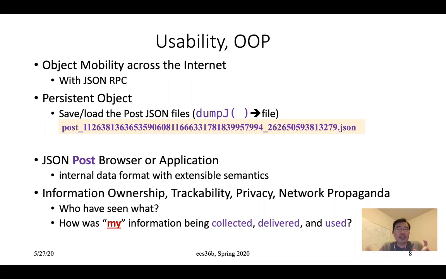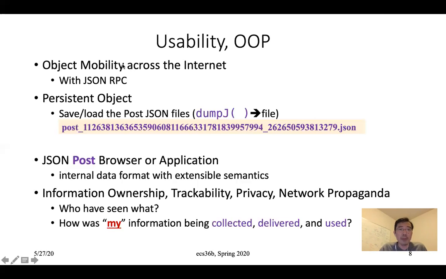There is a little bit of difference between shadow object and object mobility. Shadow object means that the object is there persistently on one machine, and you just use a local shadow. But you could say, okay, I don't want to deal with the shadow and use the internet, I'm going to take a flight to another continent. I want to load all the objects locally so I can do computation.